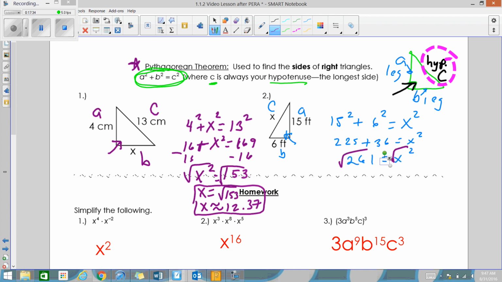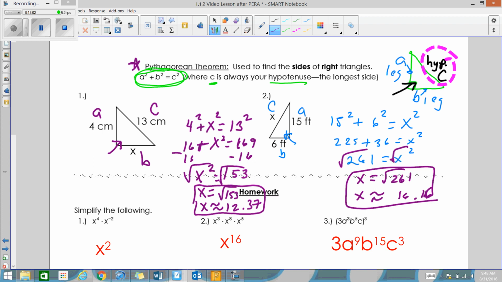The square root of 261 is not a perfect square, so you can write it as x equals the square root of 261. Or you can approximate, if you want to see it as a number, the square root of 261 is approximately 16.16, rounding to 2 decimals. So one of those two answers needs to have the approximate symbol if you're going to turn it into a decimal. So there we go.